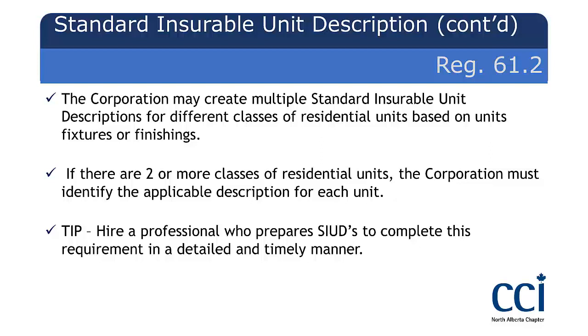So if it's a one-bedroom condo unit, it could have a particular description versus a two-bedroom condo unit. And if there are two or more classes of residential units, the corporation is required to identify the description for each unit.